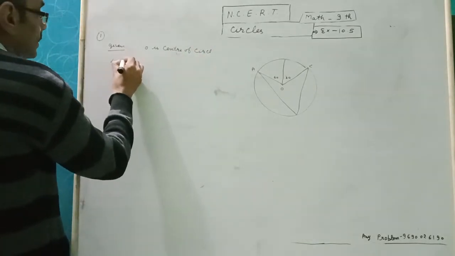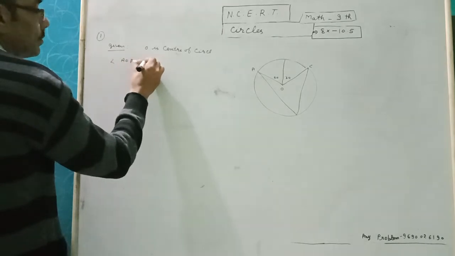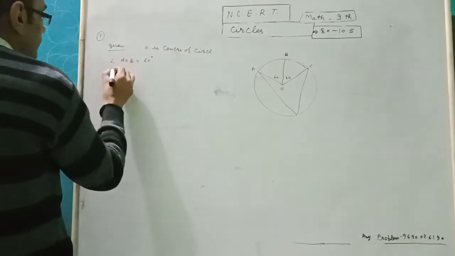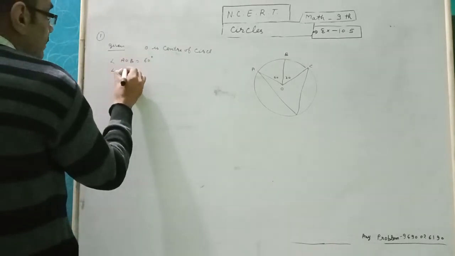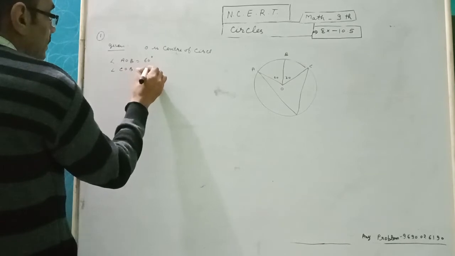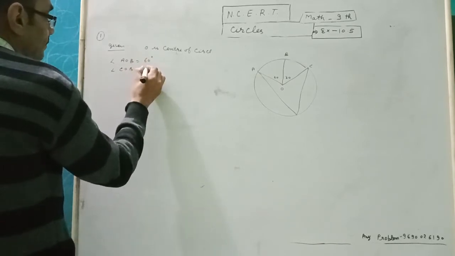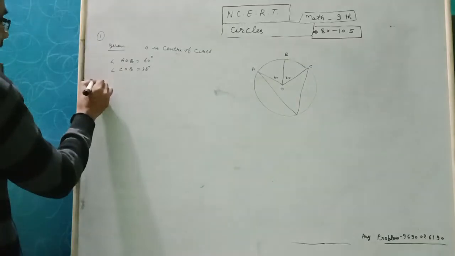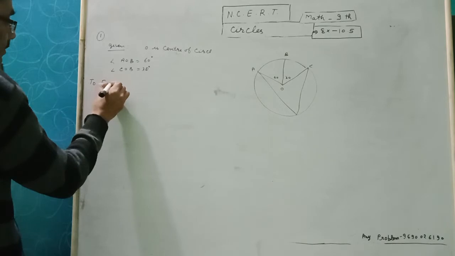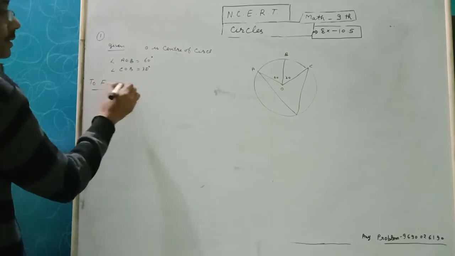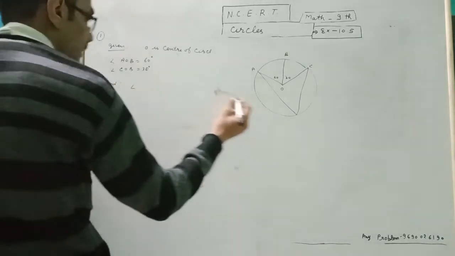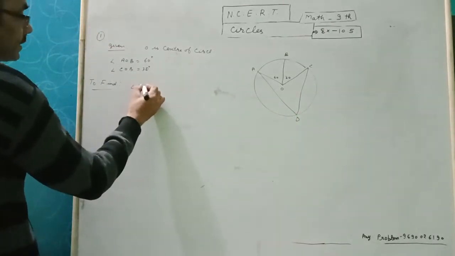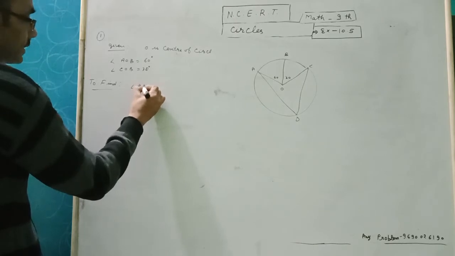Angle AOB is equal to 60 degrees and angle COB is equal to 30 degrees. To find is the angle, then point D, angle ADC.